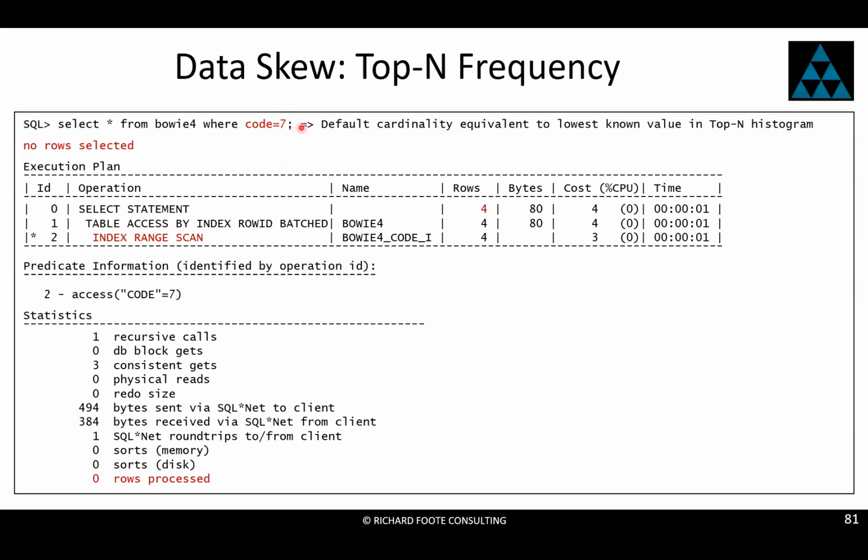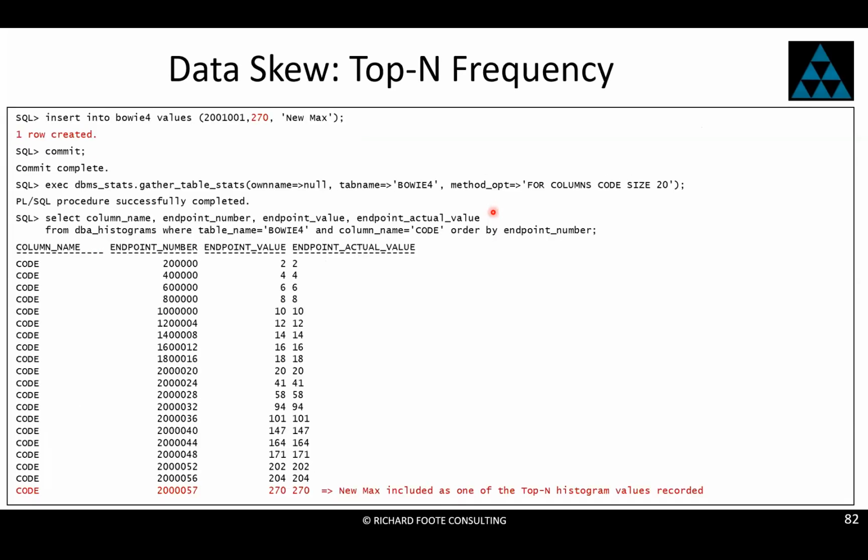The default value for whole is whatever the lowest value of my top end frequency histogram is, with the exception of my minimum and maximum values, because my minimum value and my maximum value are always in a top end frequency. Okay, so just know it's a subtle difference, and this subtle difference can mean the difference between one behavior and another, because it's doubling potentially the default cardinality.